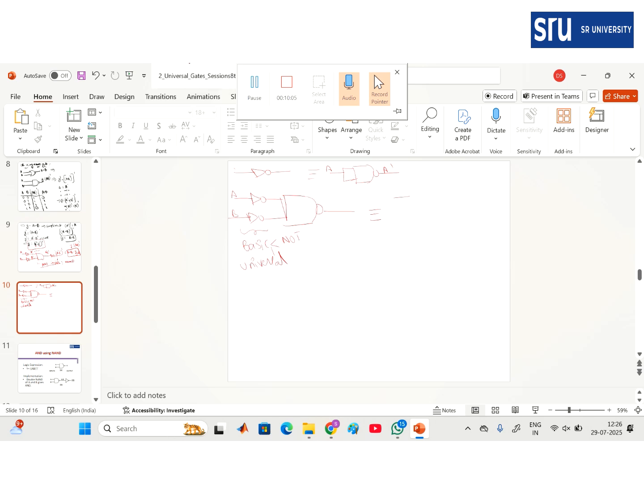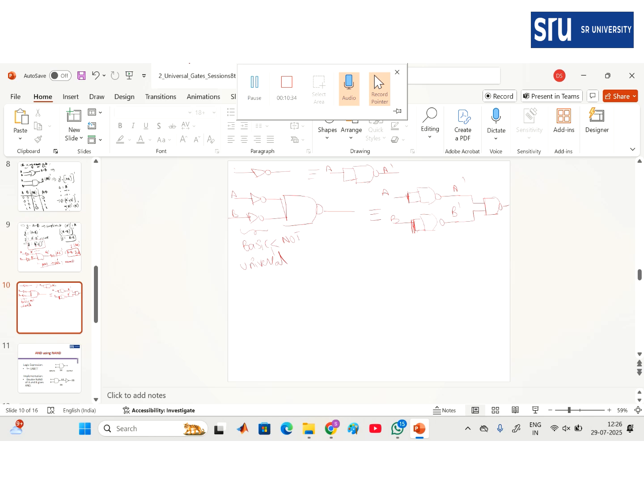So I am considering one NAND gate to provide A bar, and one more NAND gate short circuited to a single input, that is B. Whenever I have short circuited the two inputs of the NAND gate, it will act as a NOT gate, right? So those two I am connecting again back to one more NAND gate. So this is a NAND gate, right?